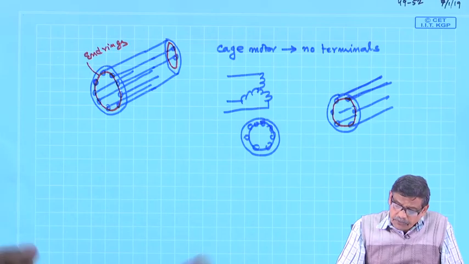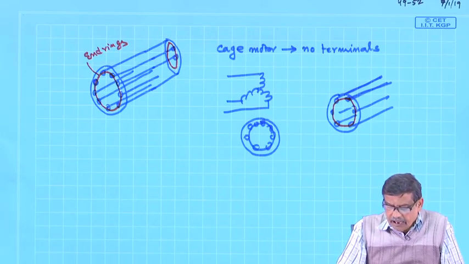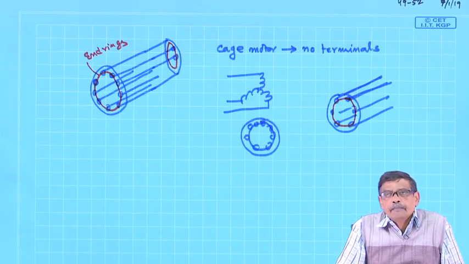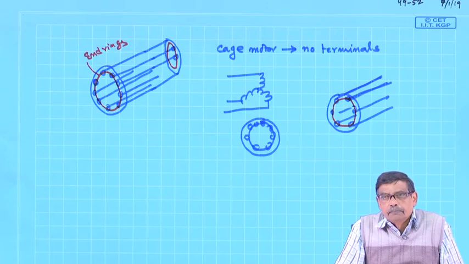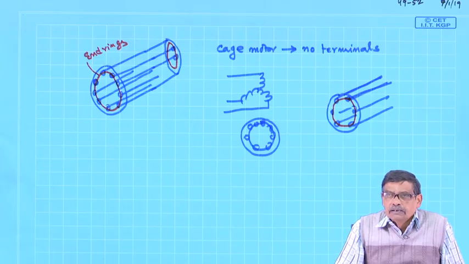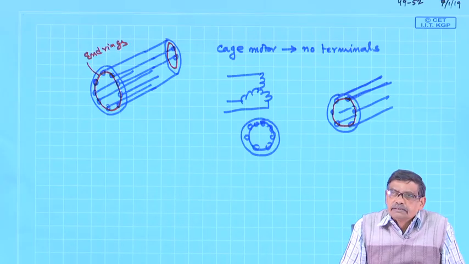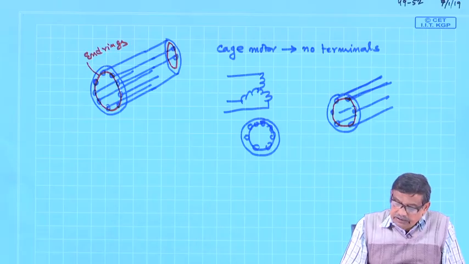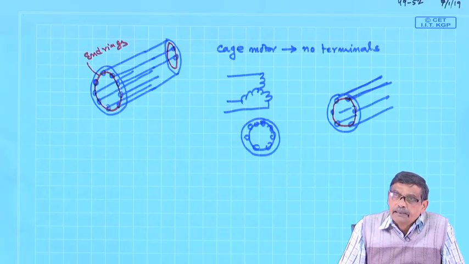For example, you could have a 3-phase induction motor whose stator is wound for 3-phase, and the rotor is wound for 2-phase with 2 slip rings, etc., and things will run, provided these 2 windings are wound for the same number of poles.